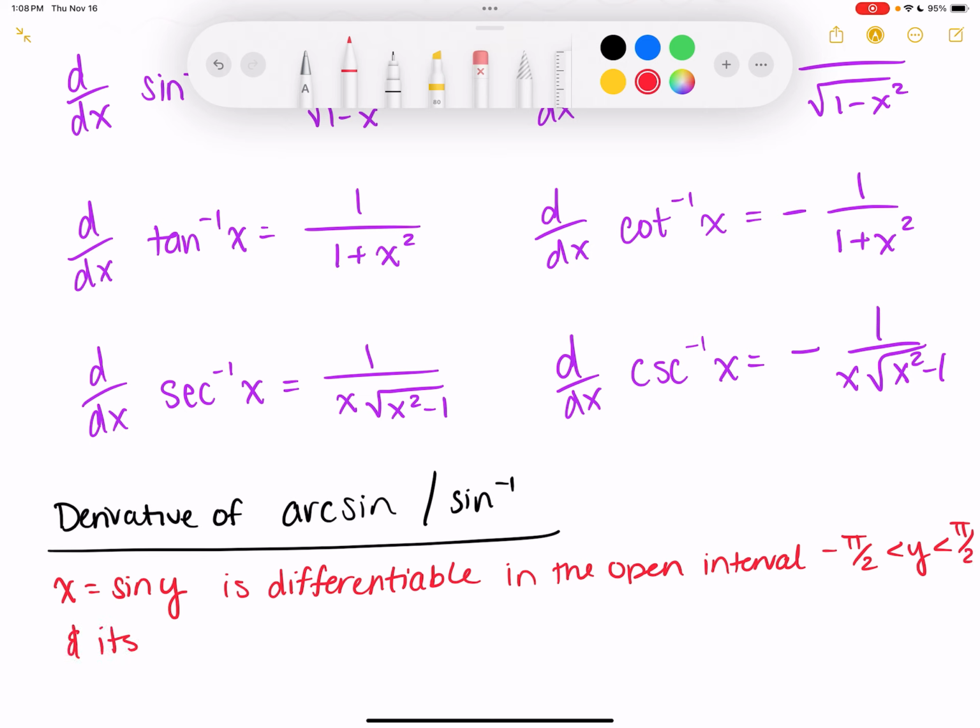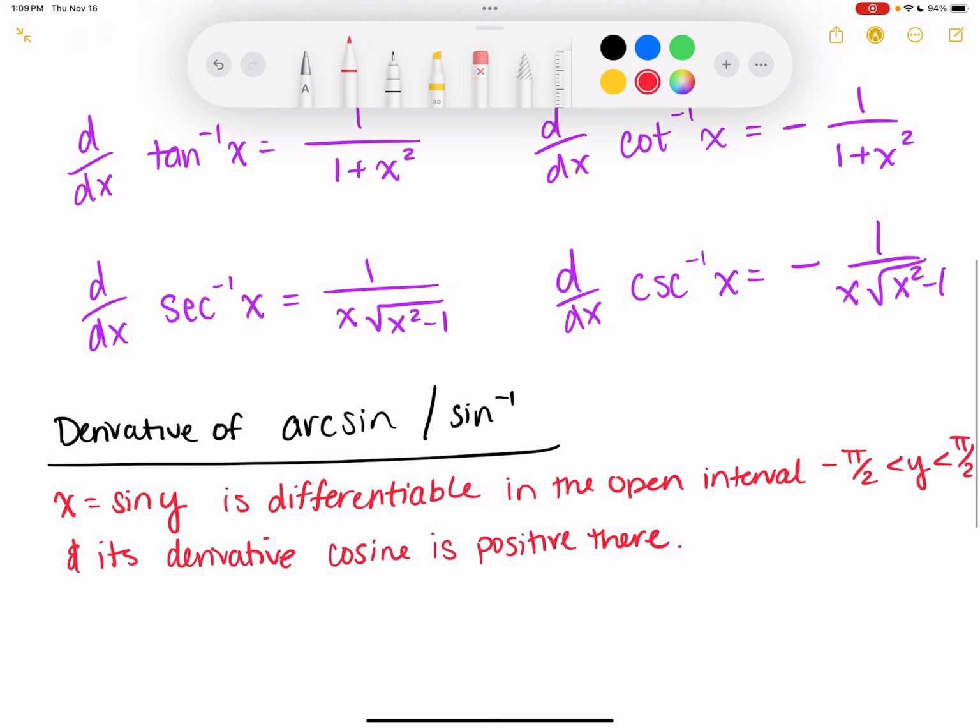And its derivative, cosine, is positive there. Okay, so from negative pi over 2 to pi over 2, would you agree that cosine is positive? So basically on the right side of the unit circle. Yeah. Okay, x values are positive there, so that's why it's saying it's positive there.